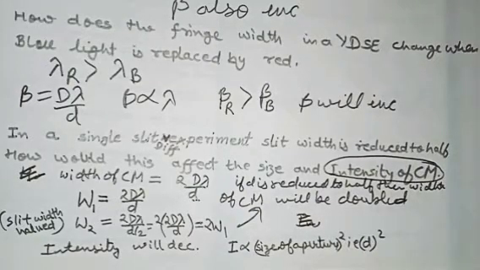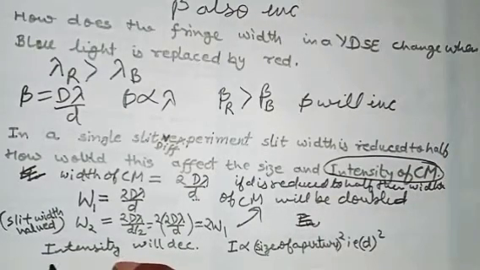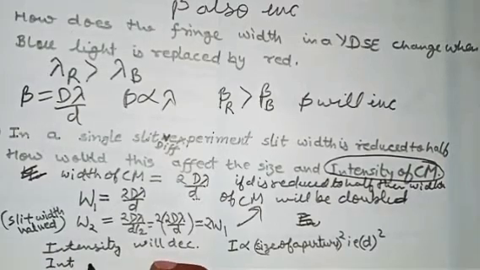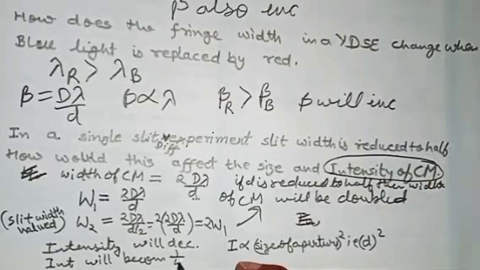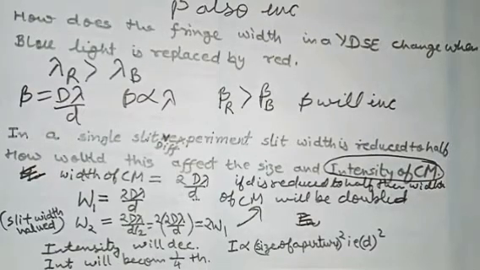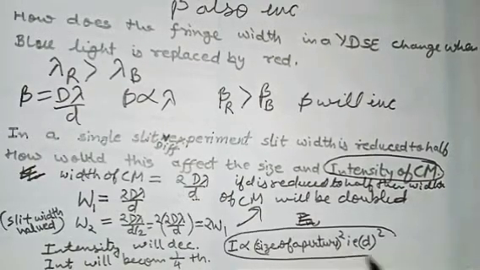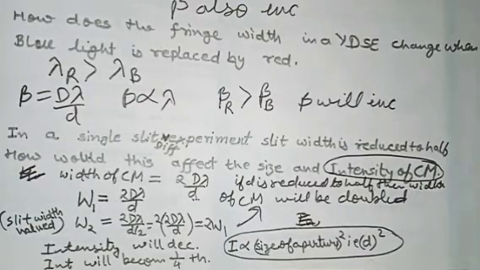So if it is reduced to half, then intensity will become 1/4. This type of explanation is not completely covered in the syllabus, so we can ignore that part, but still this is also a way to answer. So if it is halved, then intensity will be 1/4, because d is reduced to half. But directly you can say intensity will decrease.